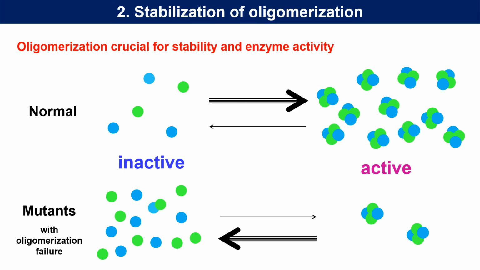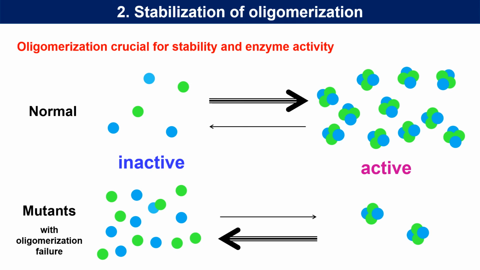GNE is known to be active after oligomerization. An oligomer is a molecule that consists of a few repeating units. Oligomerization allows protein to form large structures without increasing genome size and provides stability, which would be crucial for enzyme activity.